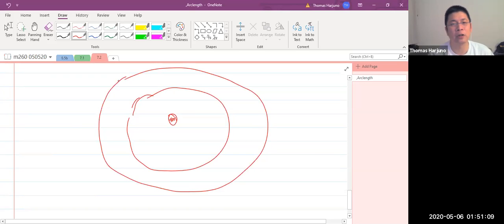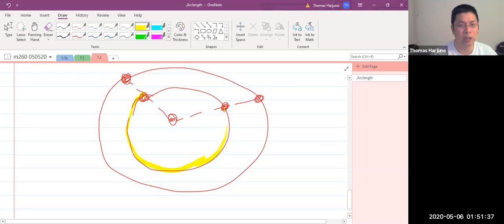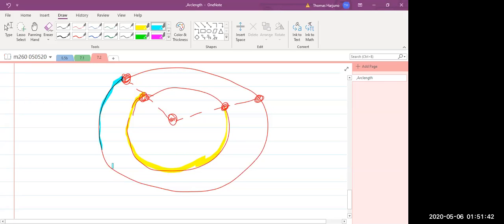If they move at the same angular speed, then when the Earth is here, Jupiter should be there also. But notice that the Earth will be moving slower linearly compared to Jupiter.